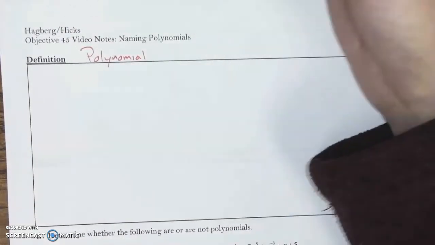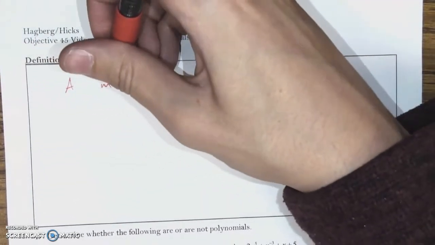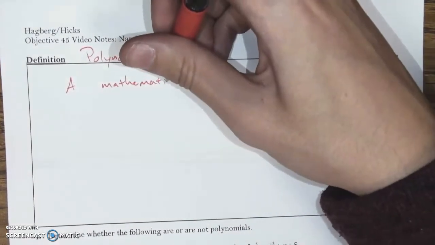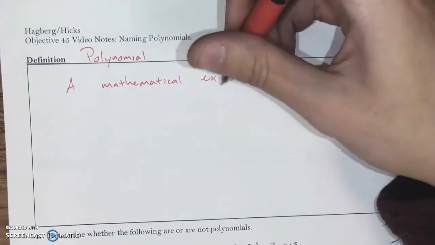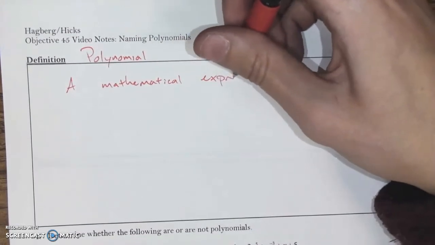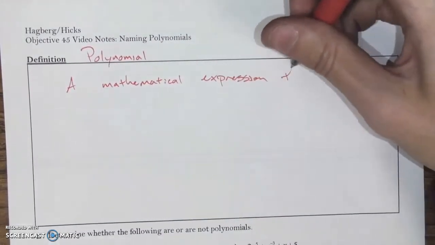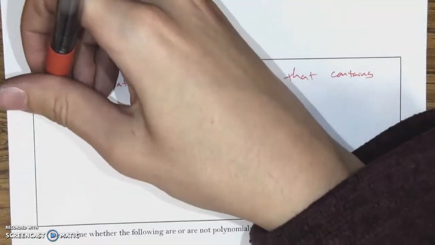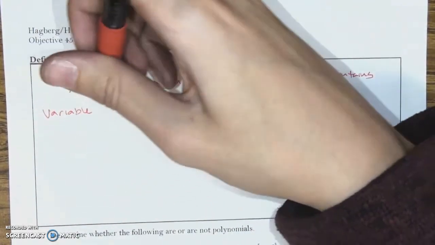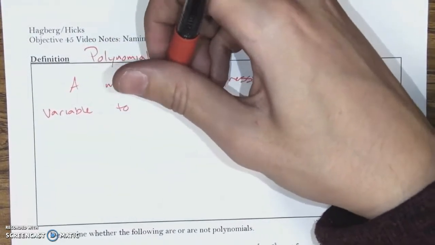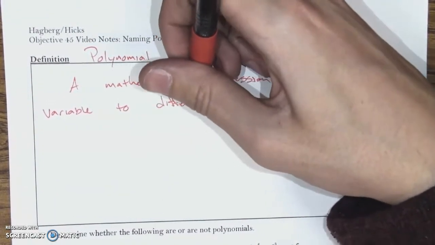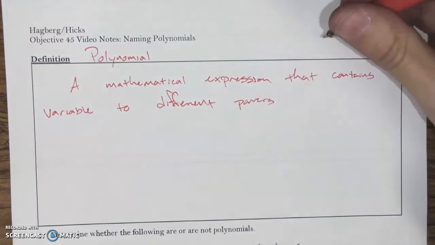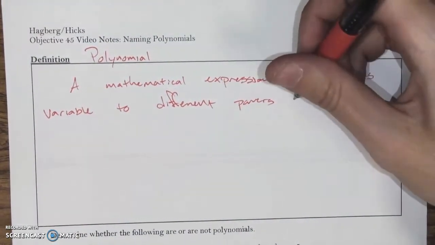A polynomial is a mathematical expression that contains variables to different powers separated only by addition or subtraction.